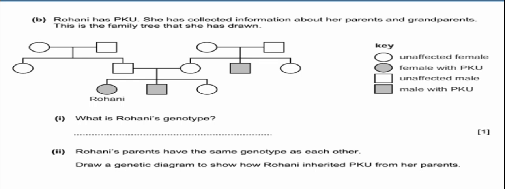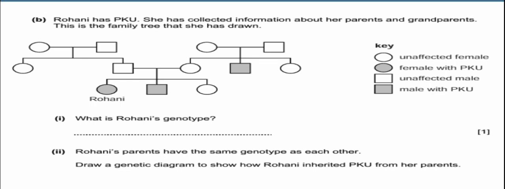Rohan has PKU. She has collected information about her parents and grandparents. This is the family tree that she has drawn. So we have the family tree here. So for us to handle this family tree, we need to look at the key. So the circle which is not shaded is indicating that the female is not affected.